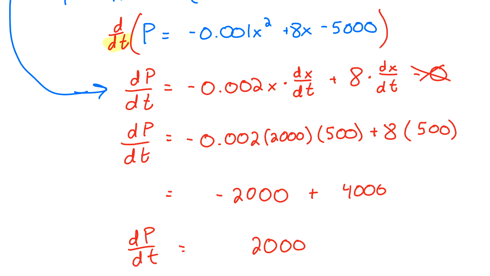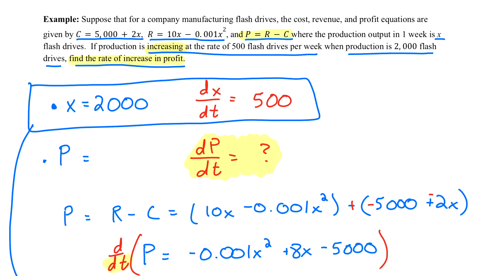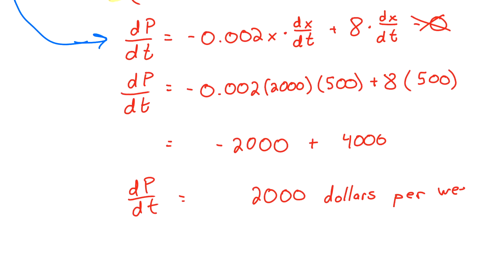I want to make sure I give a unit on this. Here, profit, dp, we're talking about our profit function. The unit on profit would be dollars per, what is our unit of time? In this case, t. If I go back up and look at my problem here, we said our unit of time was, we were measuring it in weeks. So it would be dollars per week.